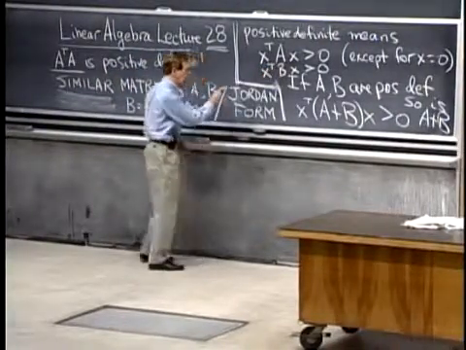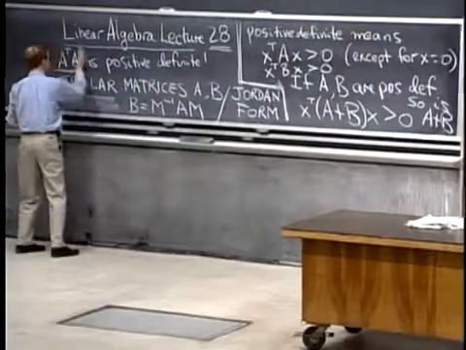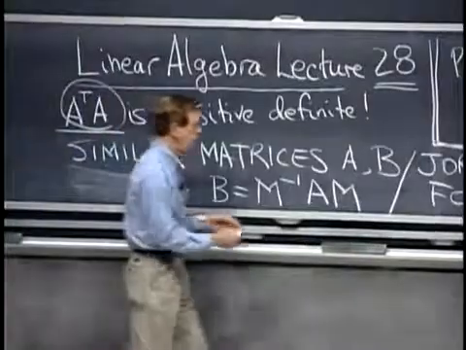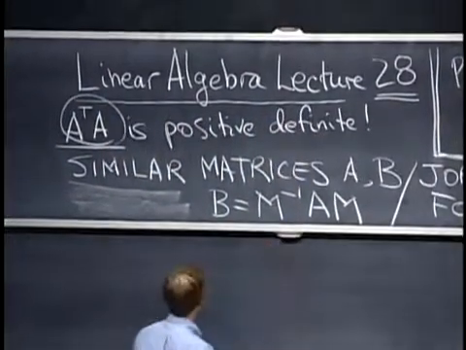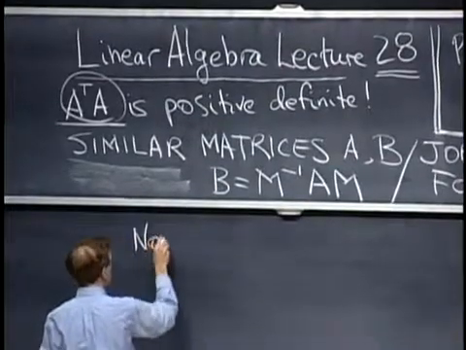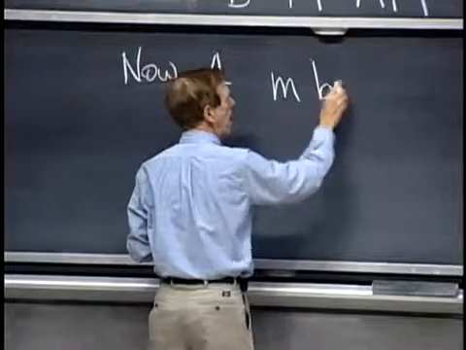And now, finally, one more thought about positive definite is this combination that came up in least squares. Suppose A is rectangular, m by n.